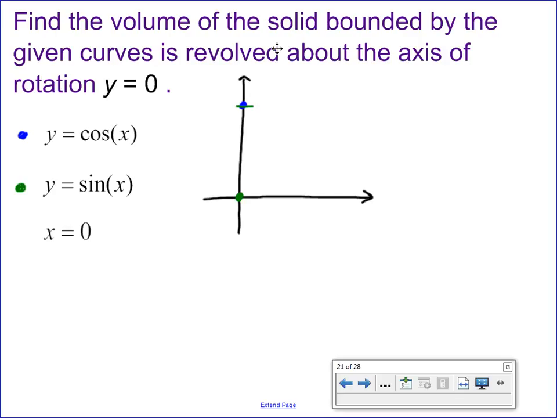Pi over 4, right? At pi over 4, the values of sine and cosine are both root 2 over 2, and that's about 0.707. So here is x equals pi over 4, we'll say. There's my sine on the way up.